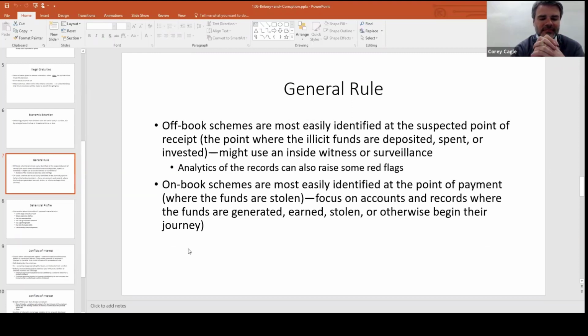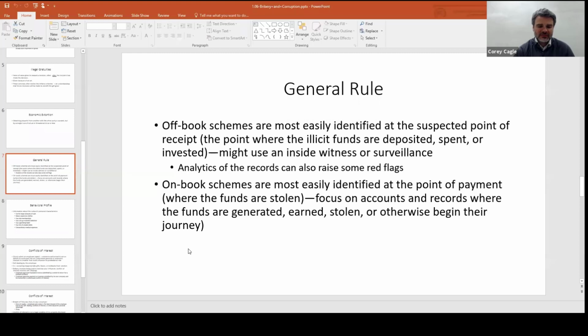Usually it comes into play, and I may have this in here somewhere, because of some kind of tip that you get from somebody. It's like, hey, I think something's going on with these guys. I have knowledge of this. That's usually how these types of things are uncovered. But you can identify it where the funds are being spent.